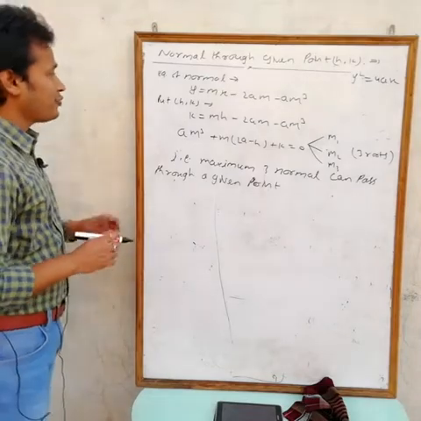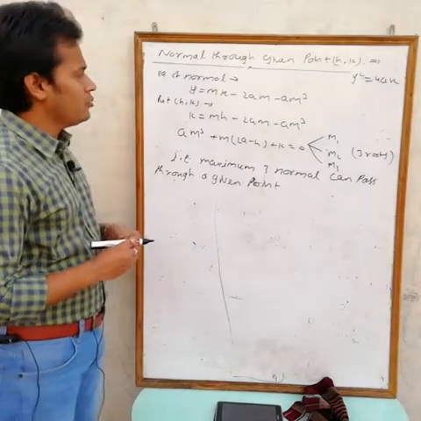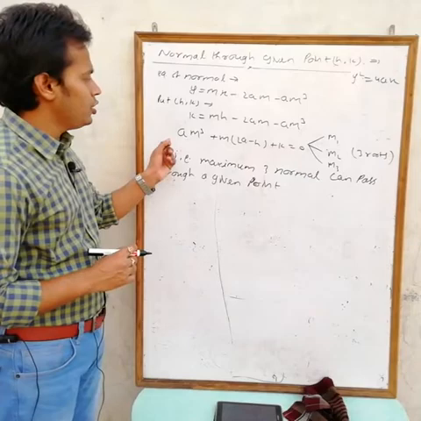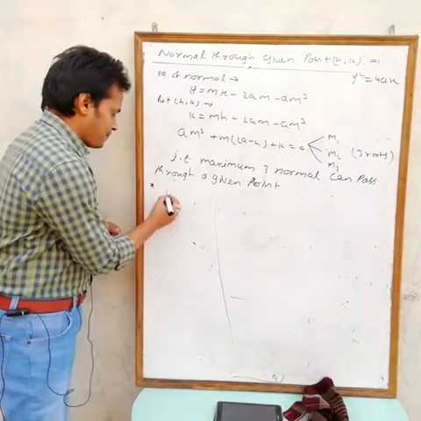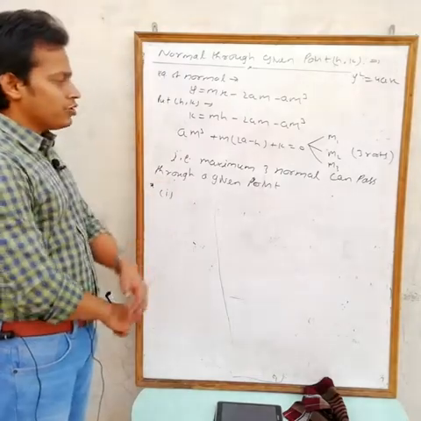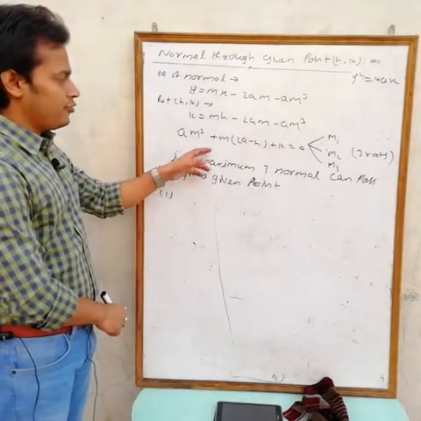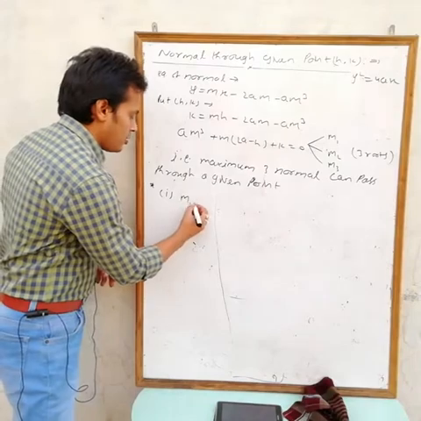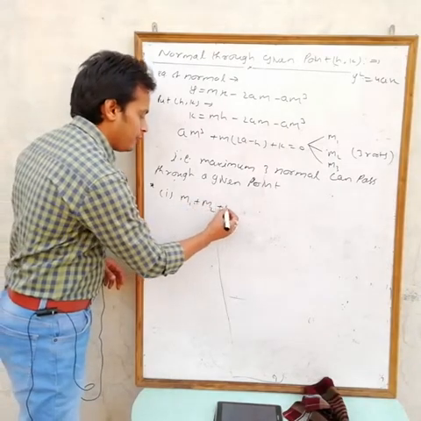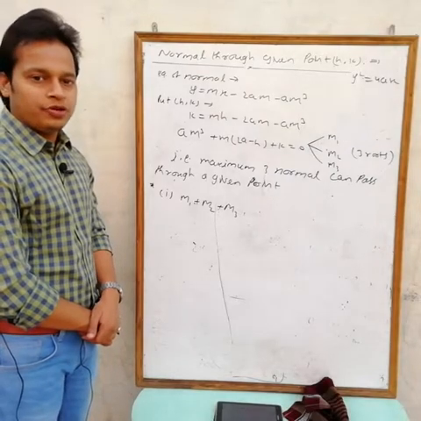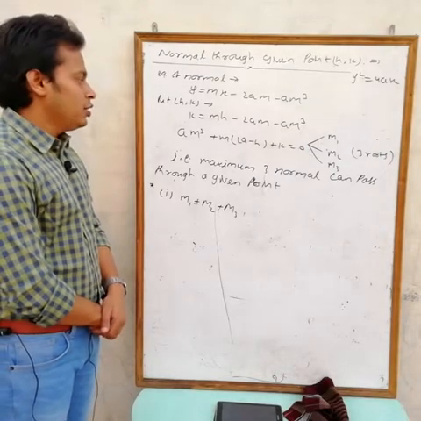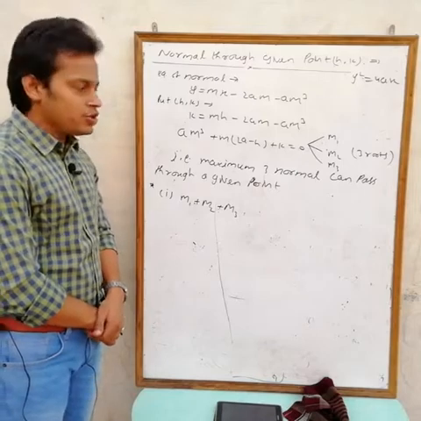Now actually we use some important points about the slope of the normal. See, can you find the sum of the roots of this equation? m1 plus m2 plus m3. The sum of the roots is minus b by a, where b is the coefficient of m square.